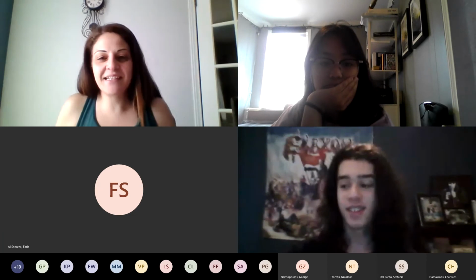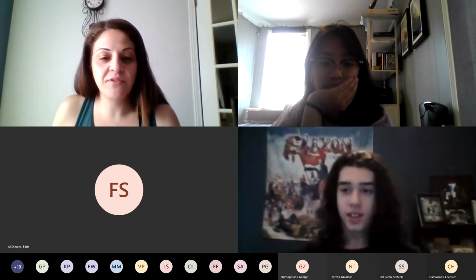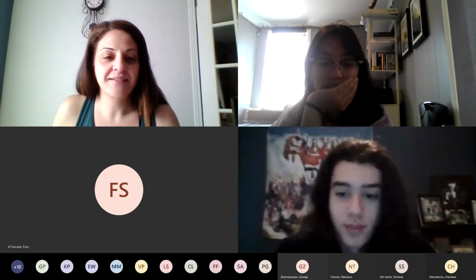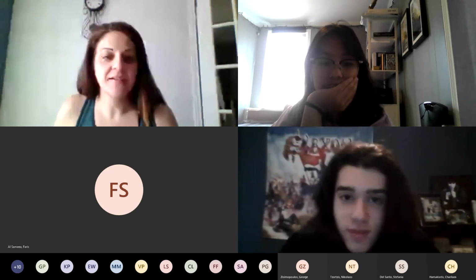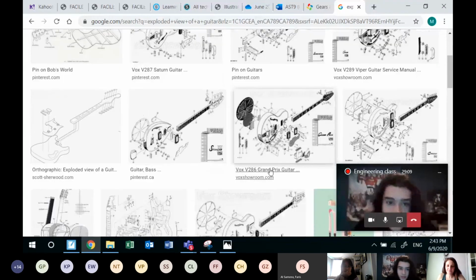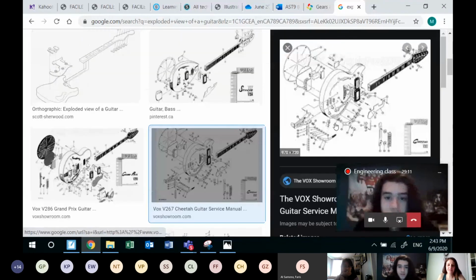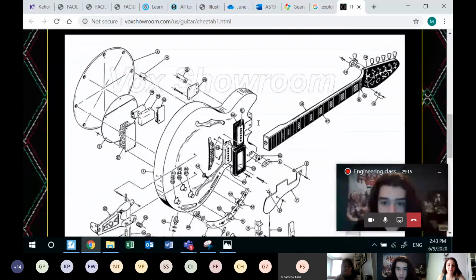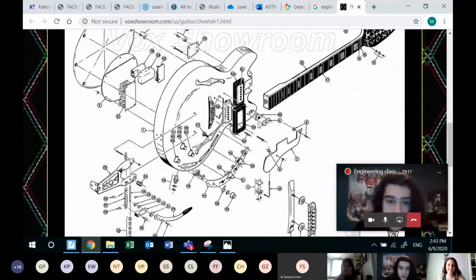Well, let's take a look at an exploded view of a guitar. There we go. You see? Let's pick that one. Ooh, looks complicated. Yeah, that's about right.